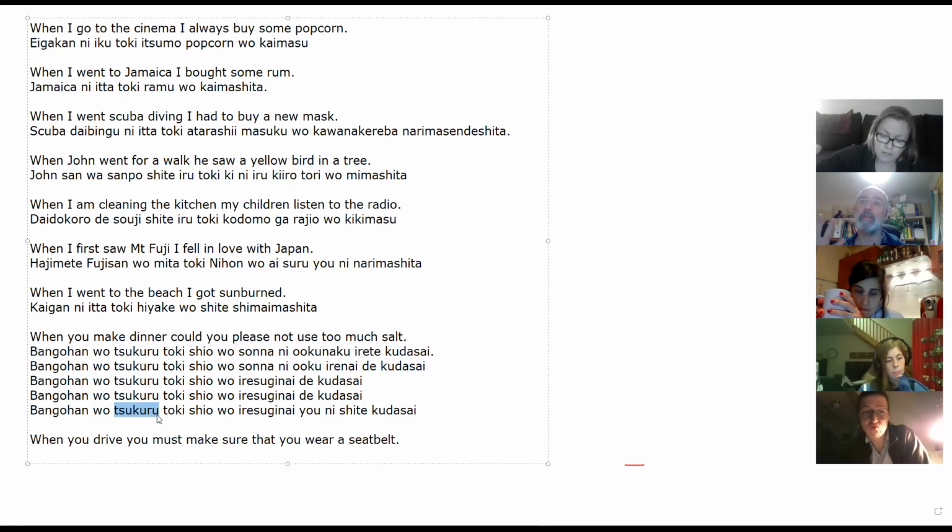This is also completely fine. I think in this case, because where I wanted to get to was about changing your state to be in this state before you even start making the dinner, I was quite happy with 晩ご飯 or 作るとき. When you go to make the dinner, when you're about to depart to make dinner, please be in that state where you don't use too much salt.